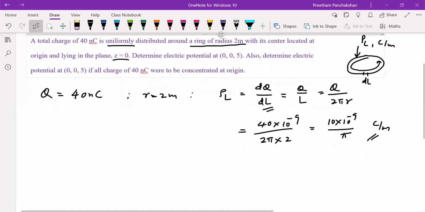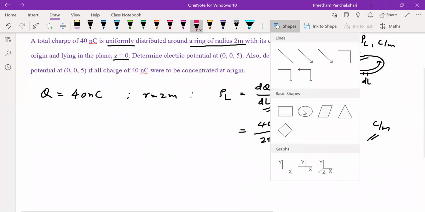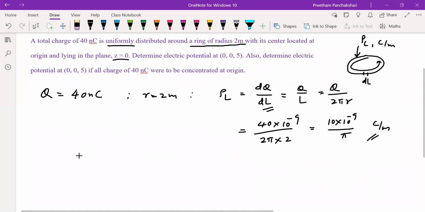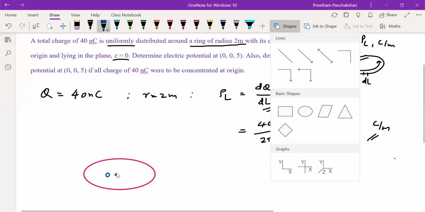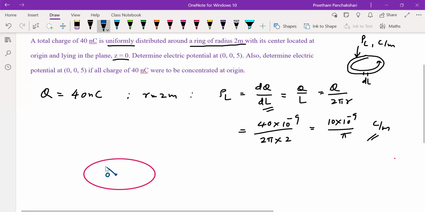with a diagram. Let us construct a ring here. The center of the ring is the origin, and the radius can be taken as 2 meters.